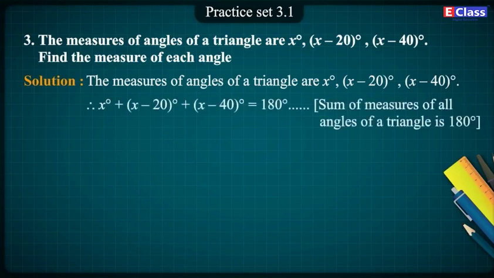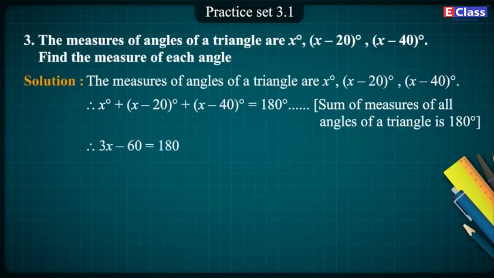Therefore, x degrees plus x minus 20 degrees plus x minus 40 degrees is equal to 180 degrees, as sum of measures of all angles of a triangle is 180 degrees.